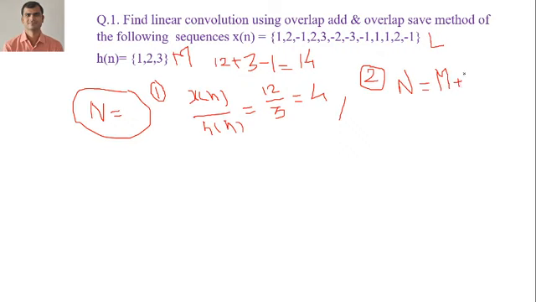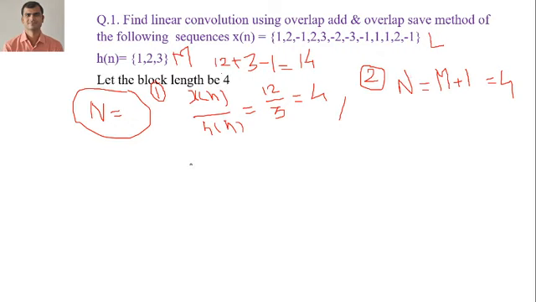Consider it like this, plus 1. So here also we are getting 4, and there also we are getting 4. Between these two methods, you can use the first or the second. If the first method is applicable, go for the first method. If it is not applicable, go for the second method.